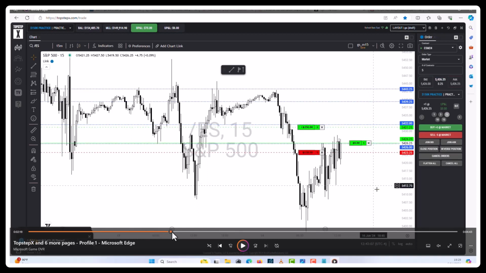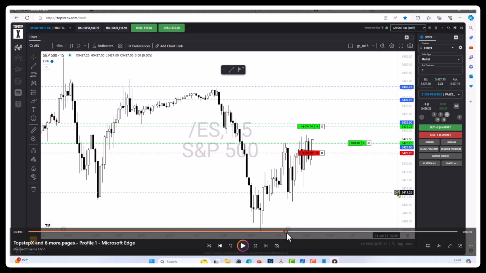Okay, so perfect. So we go in. 12:30, so it's 13 minutes into the 12:30 candle, so 2 more minutes and it will close that candle. Perfect.